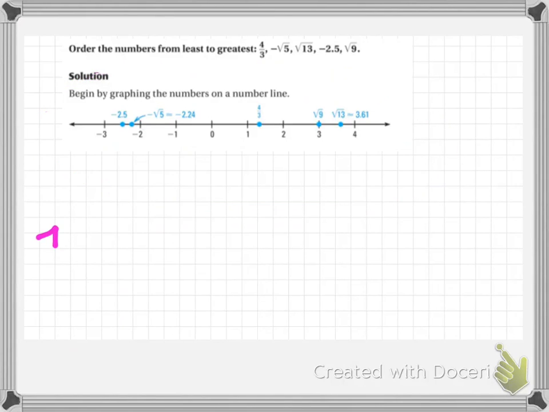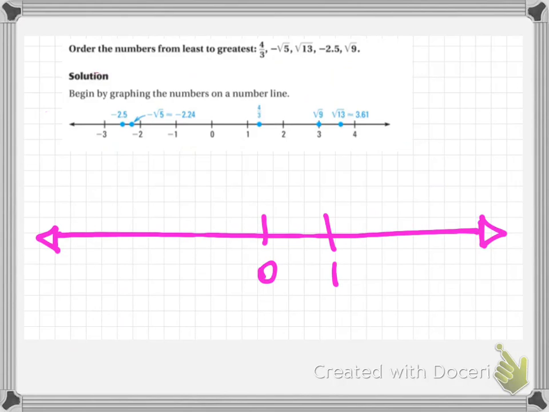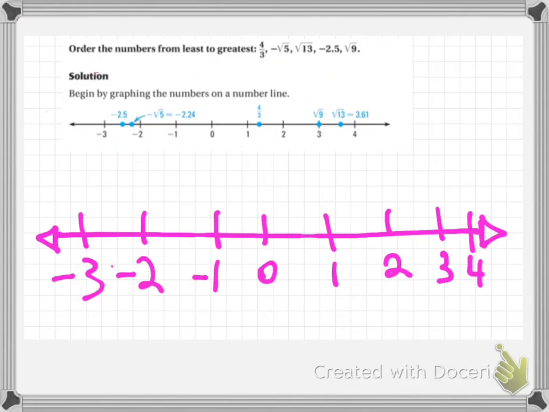So you're going to make yourself a number line, and you're going to plot your first known point, which is 4 over 3. See, 4 over 3 would be 1 1/3. So I'm just going to put that right here.